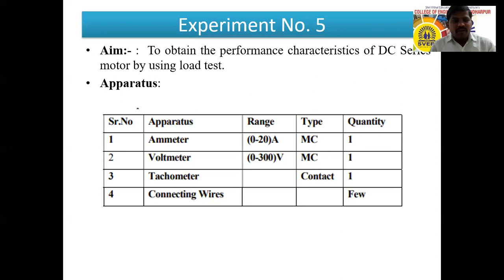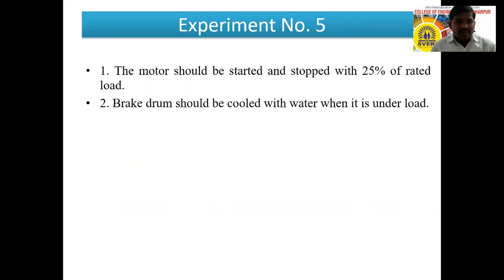Okay, so near about 25% load can be put on the DC series motor, and on that load we start it. So all of you keep this precaution in mind: the motor should be started and stopped with 25% of rated load. This is required because the motor has a high starting torque.